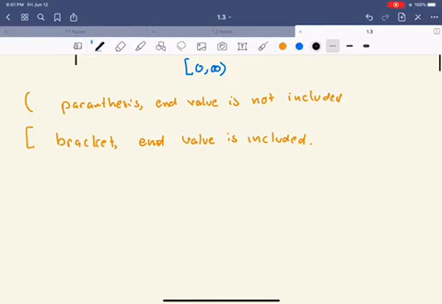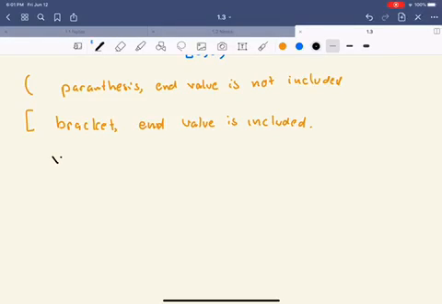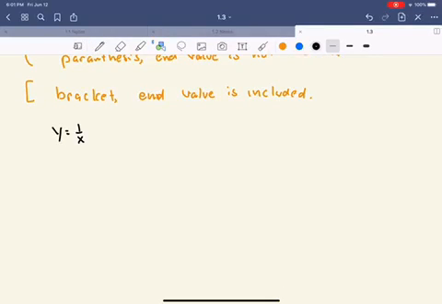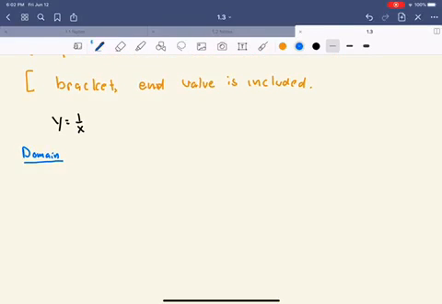Let's take y equals 1 over x. Now, I'm not going to put any restrictions on this. All the restrictions are going to come out from the problem. So, first thing we should look at is the domain. Well, we are not allowed to divide by 0.